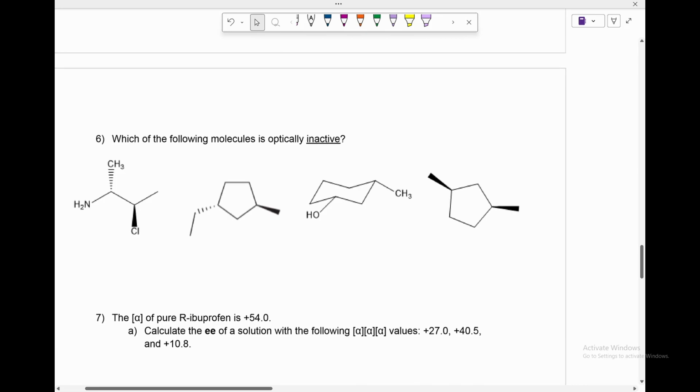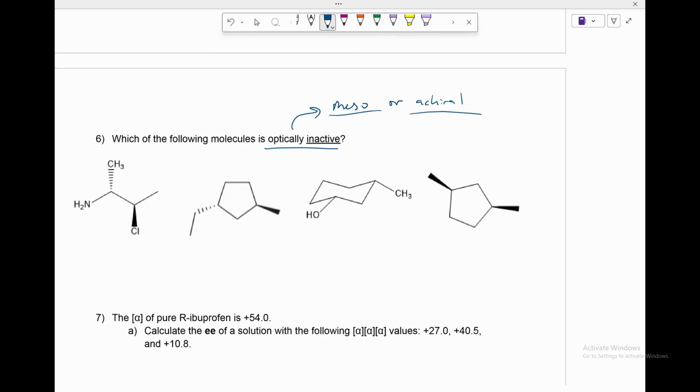Since we're looking for the inactive one, we want one where maybe there's no chirality, because if we see a bend in light in a polarimeter, there's going to be chirality. So optically inactive is also just another way of saying, is this meso or achiral?